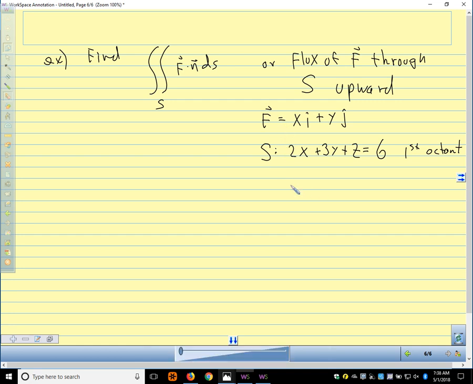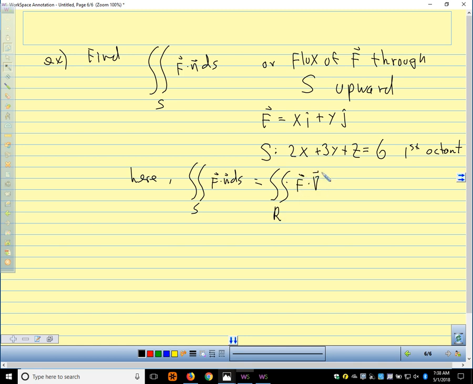Well, since our surface is given by some function of x, y, z, our surface integral, F dot n dS, is going to be given by a double integral over a region of F dot del g dA, where g is our function of x, y, and z. g of x, y, z is this thing, 2x plus 3y plus z minus 6.